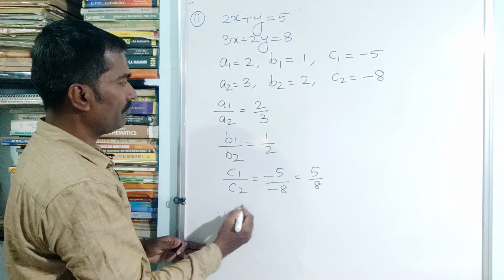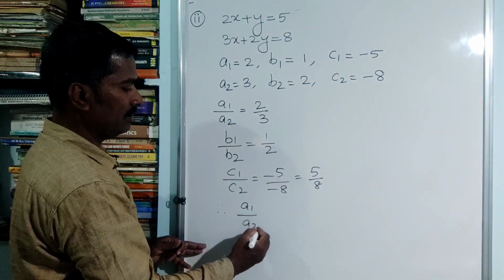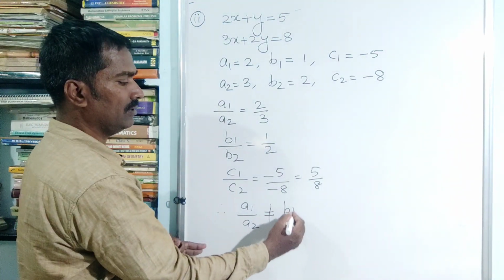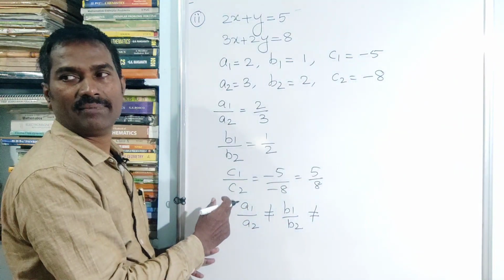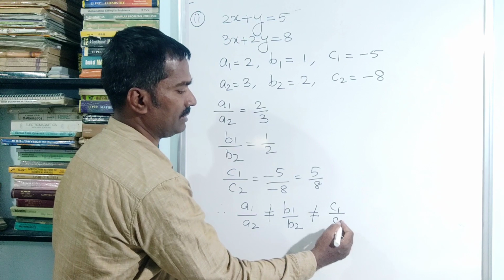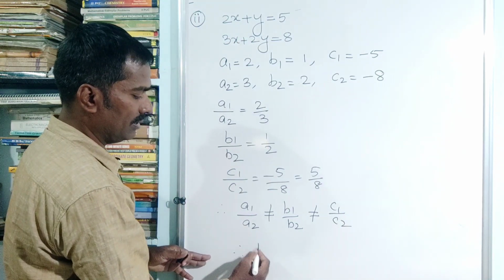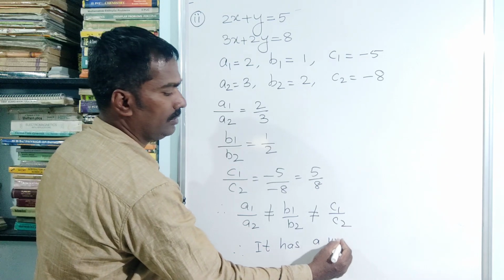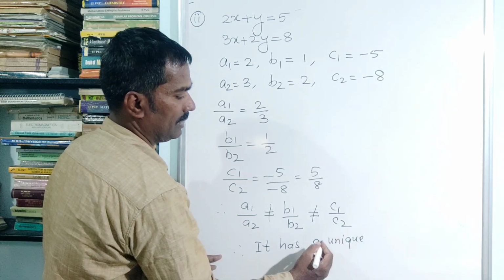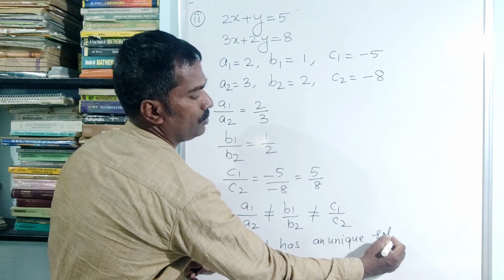That is, a1 by a2 is not equal to b1 by b2, not equal to c1 by c2. So therefore, it has a unique solution.